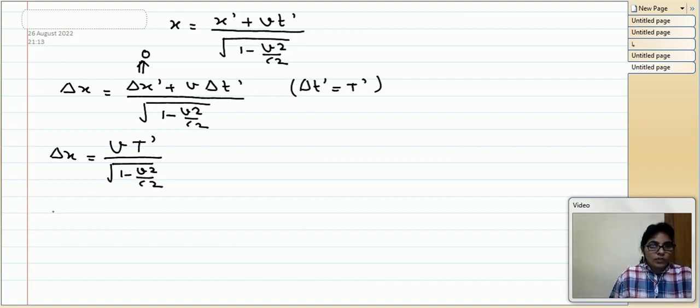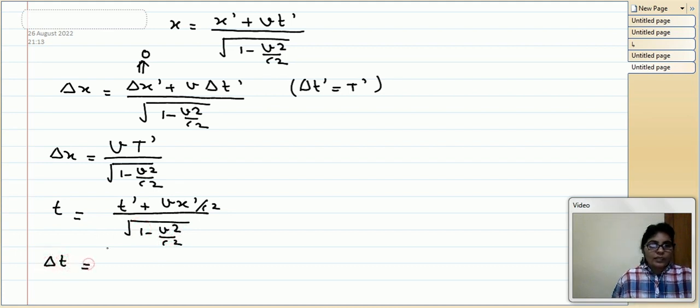Now let us proceed with another equation, which is the Lorentz transformation t is equal to t dash plus v x dash by c square, divided by under root 1 minus v square by c square. So again we take delta t is equal to delta t dash plus v delta x dash by c square, and delta x dash is equal to 0.